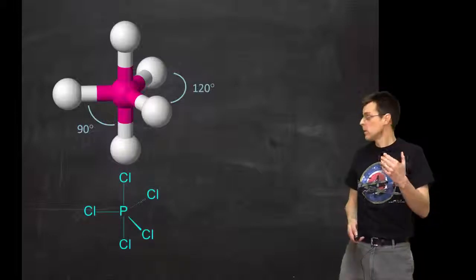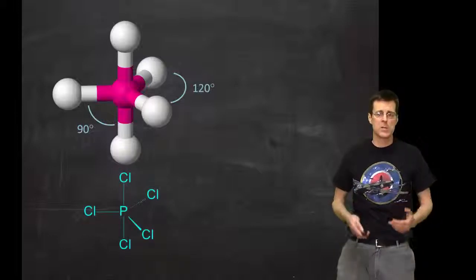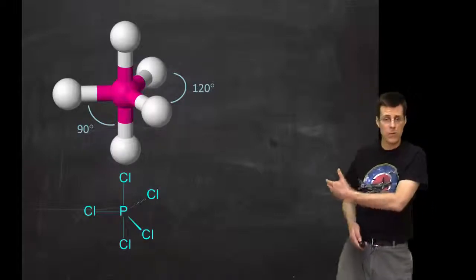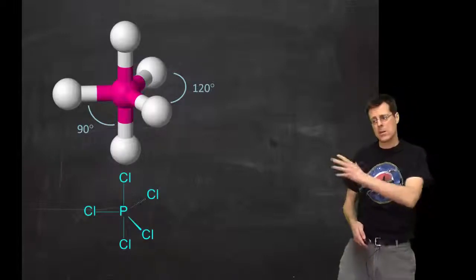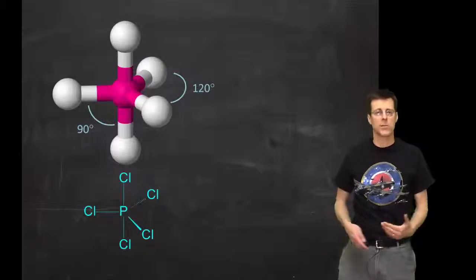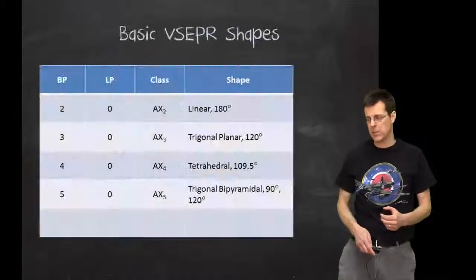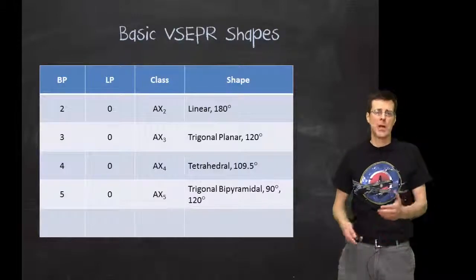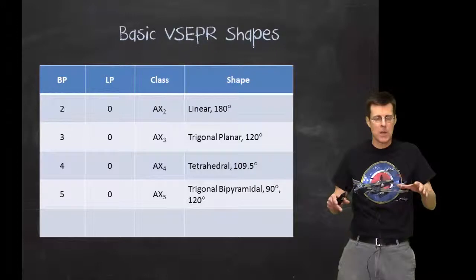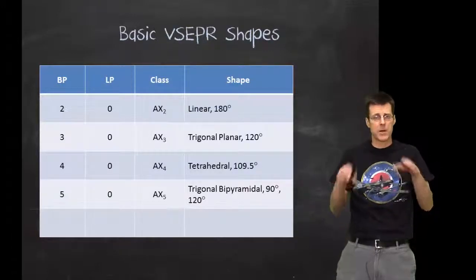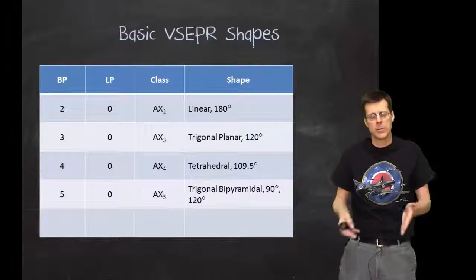An example of that is phosphorus pentachloride, and again, no lone pairs on the central atom, and again, you'll see the wedge coming out of the page and the dashed wedge going back into the page, trying to represent 3 dimensions on a flat piece of paper. We give that the name trigonal bipyramidal because if you made the geometric shape, you would have a triangular-based pyramid on the top and a triangular-based pyramid on the bottom.